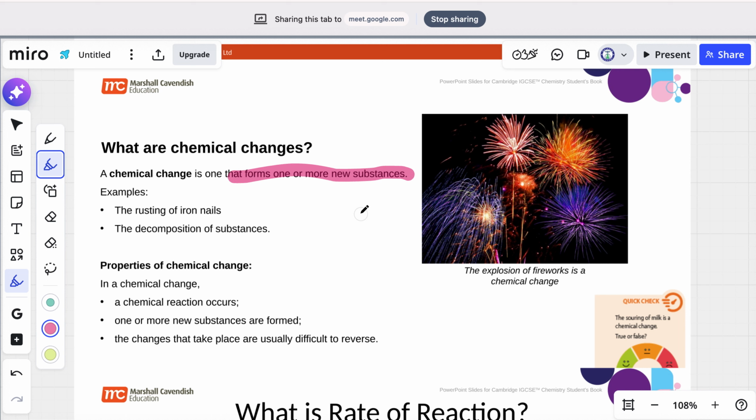Now let's take a look at an example, the rusting of an iron nail. When iron rusts, new products are formed, right? The rusting is a chemical reaction. Then the decomposition of substances like hydrogen peroxide to water and oxygen.